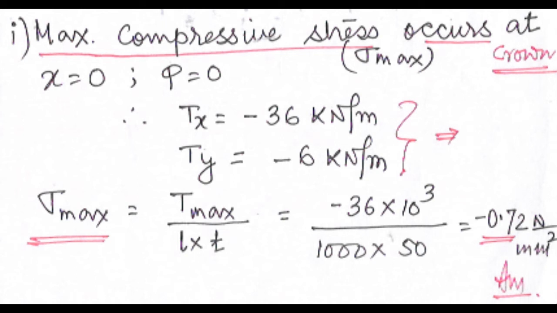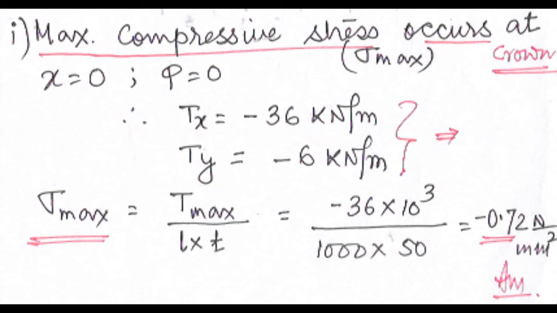Phi is the semicentral angle, so at the crown it is equal to 0. Putting x equal to 0 and phi equal to 0 in the previous expressions, we get Tx as minus 36 kilonewton per meter and Ty equal to minus 6 kilonewton per meter.